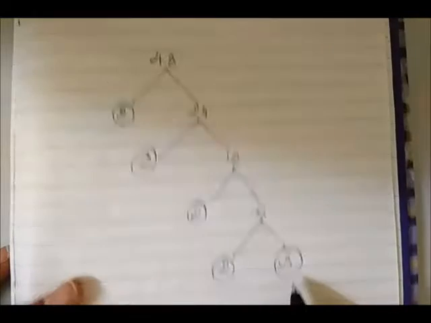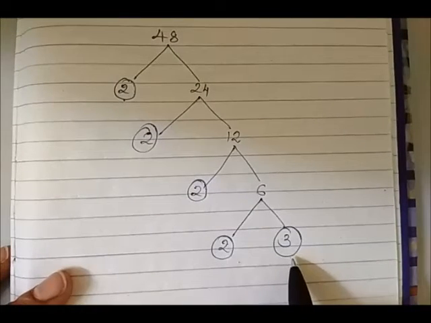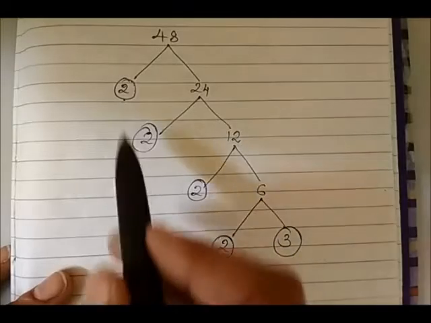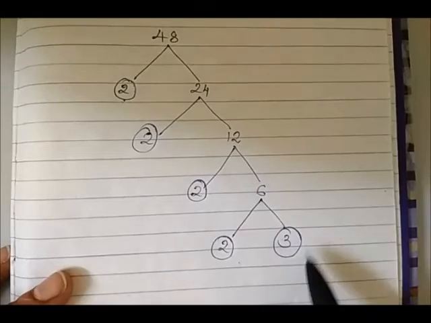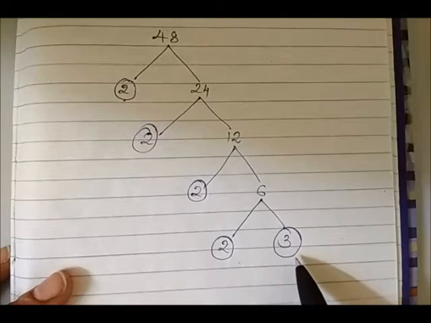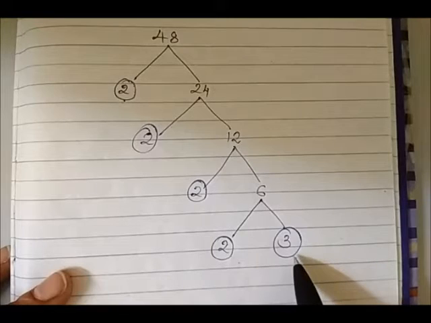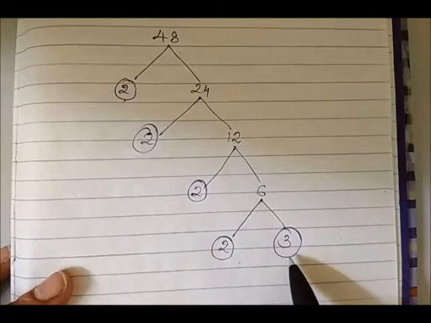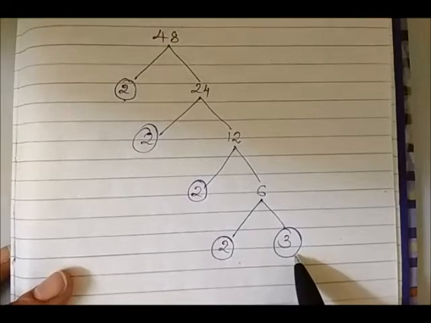So here you got 3, which is also a prime number. If finally you are getting a prime number, then you can stop here. Now 3 is a prime number, so you don't have to factorize.